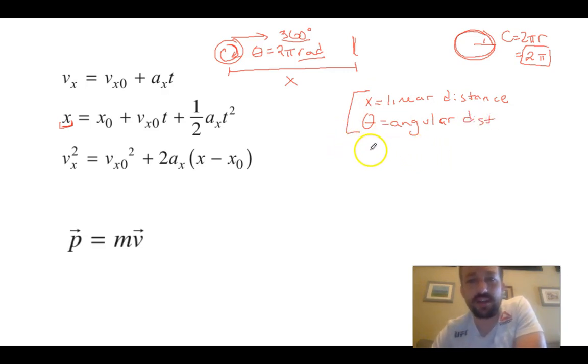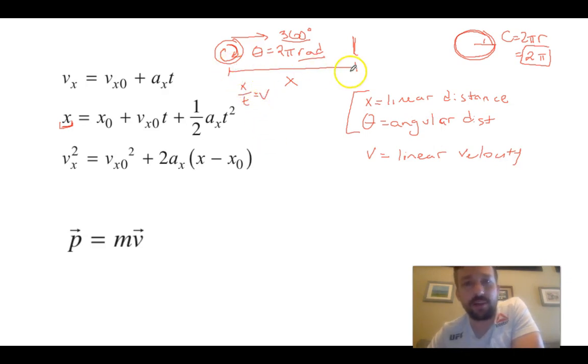Okay, so now let's talk about velocity. Now that is a linear velocity. That is a linear thing. So you would take your distance and divide it by time, and you would get your velocity, right? And that would tell you how far or how fast this object is moving.